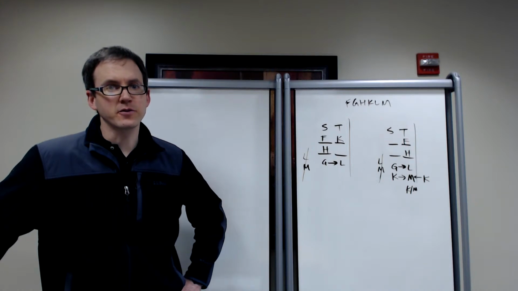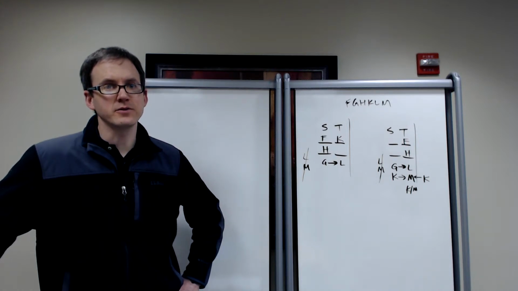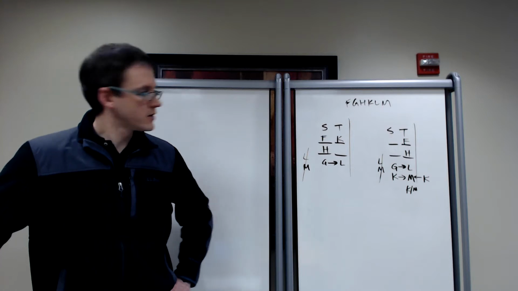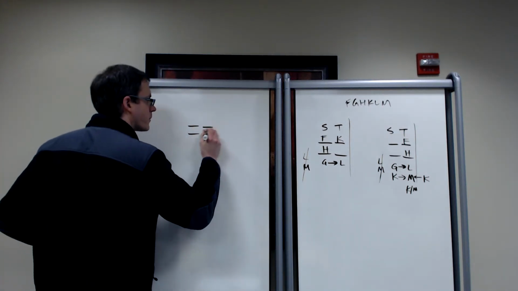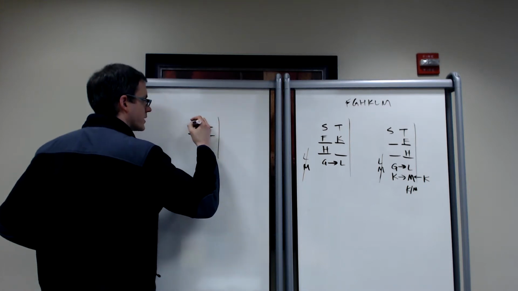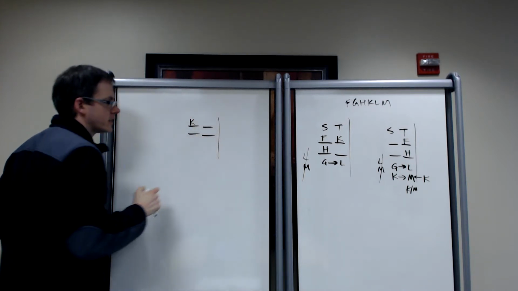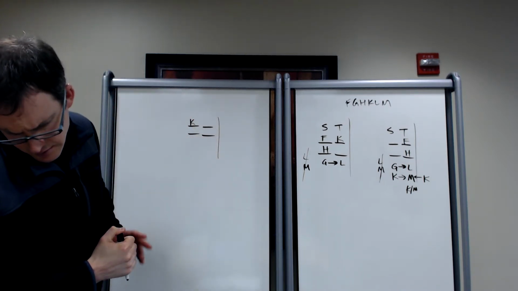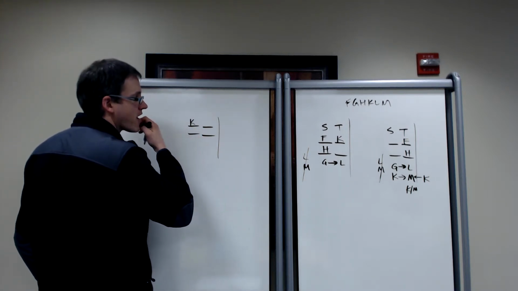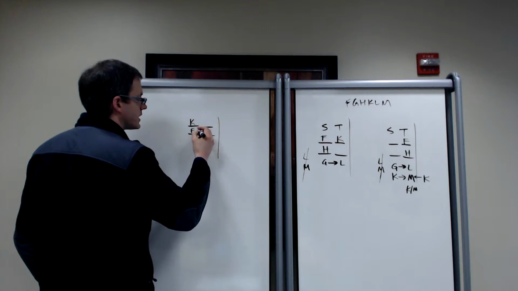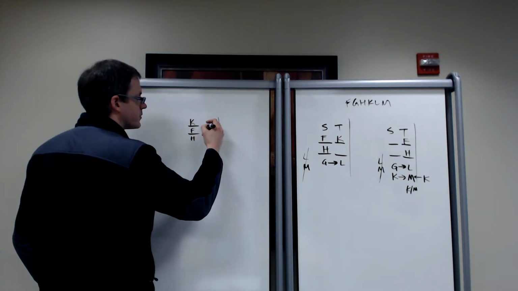Like, is that going to force H and M into... Right, if K is assigned to S, then H and M cannot both be assigned to S. So you could have F and H, and then put M over here.